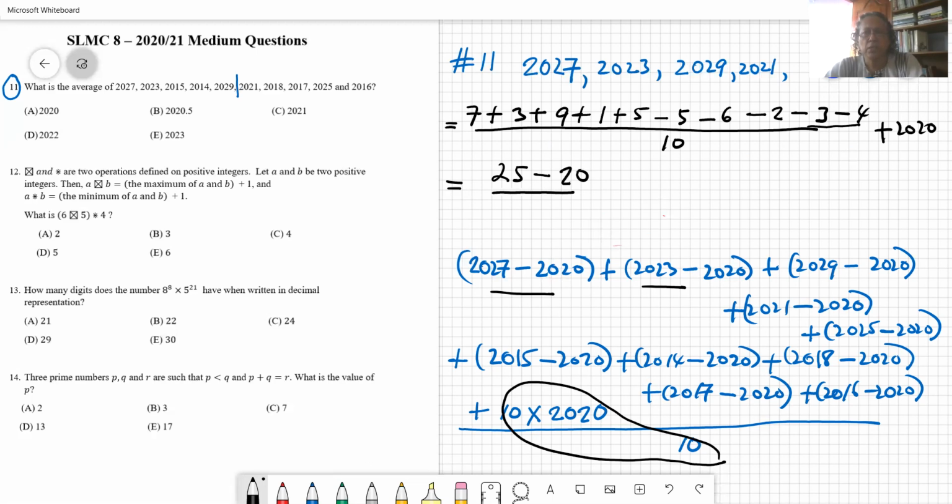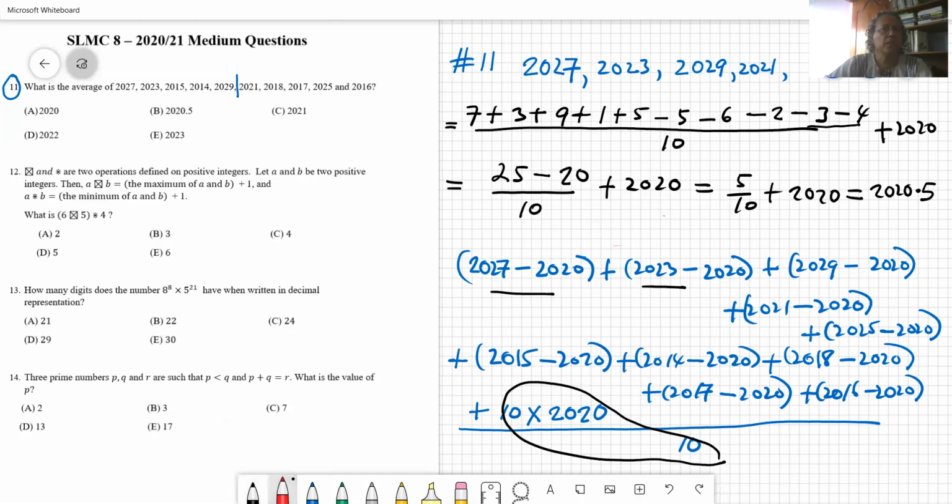So that is 5 over 10 plus 2020, and this is 2020.5. So the answer is 2020.5. This is an interesting way to solve this problem, to find the average without doing big calculations.